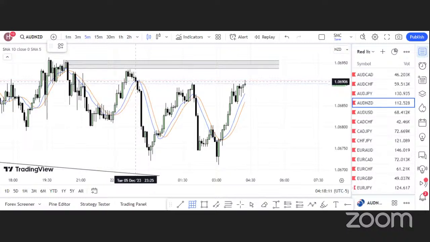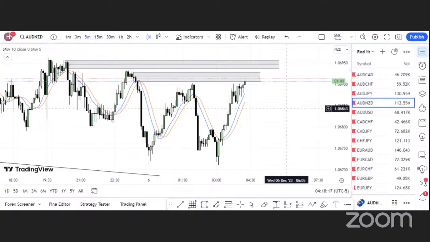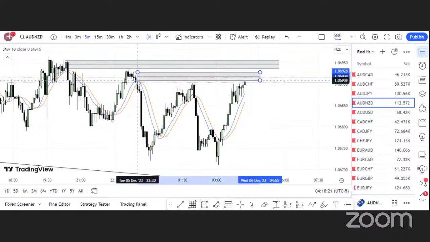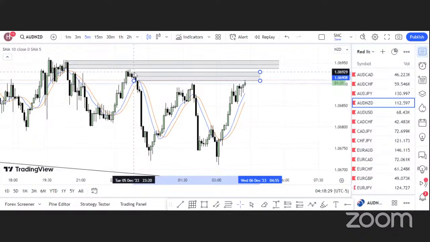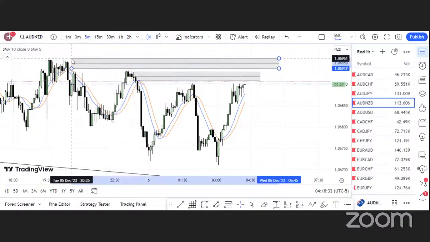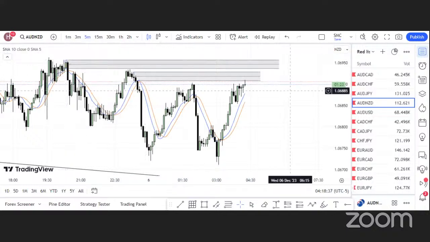So we have few zones. We have this zone also.